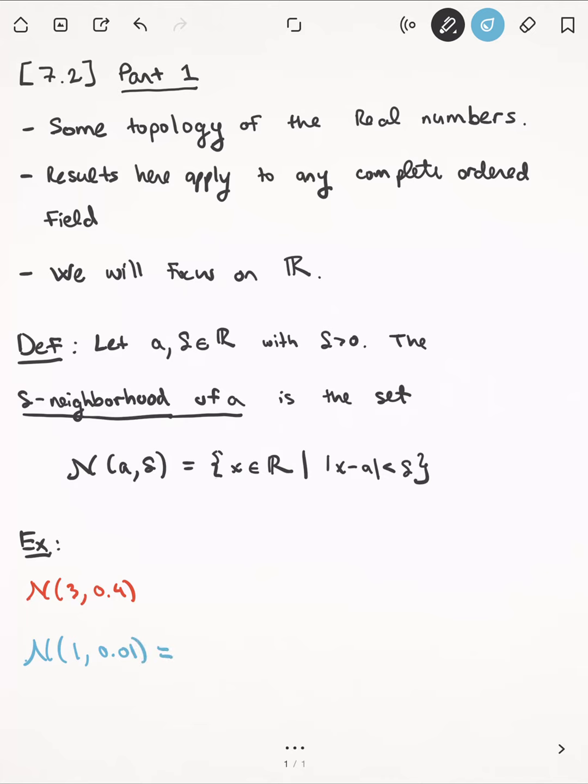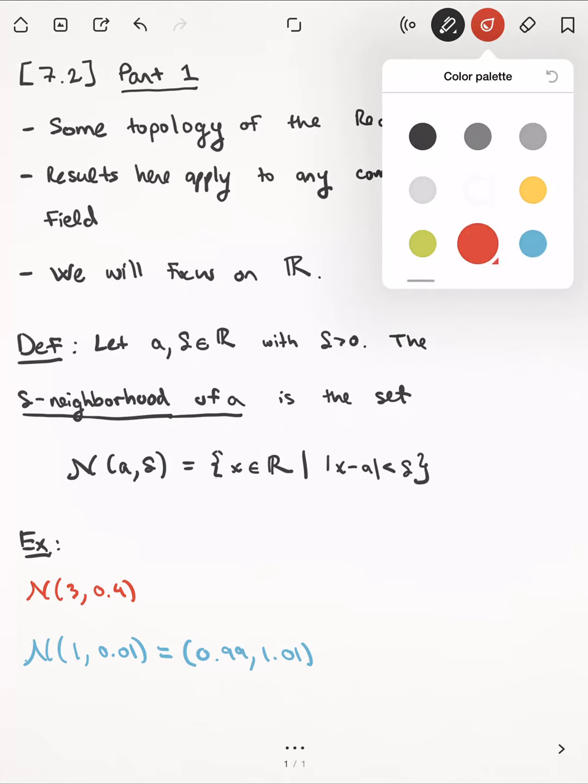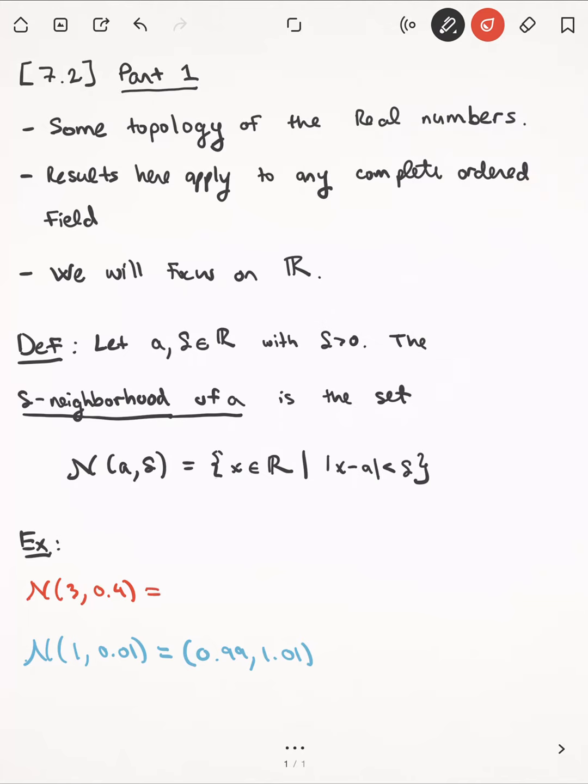So this is really the open interval from 0.99 to 1.01, and the top is going to be the open interval from 2.6 up to 3.4.